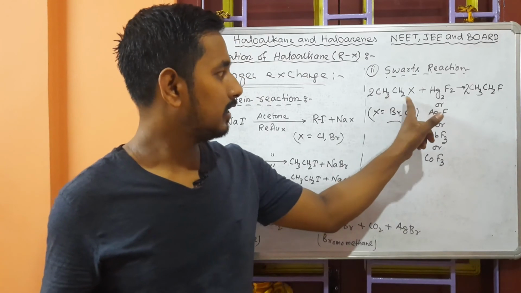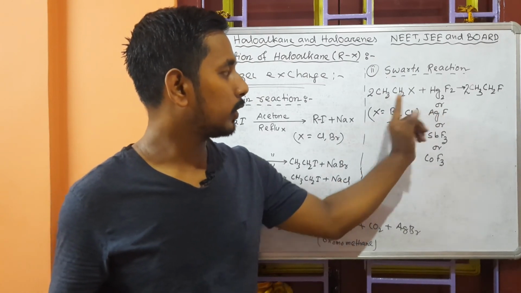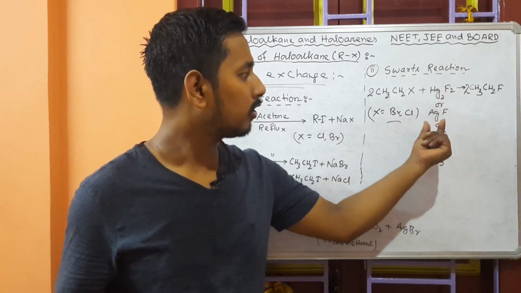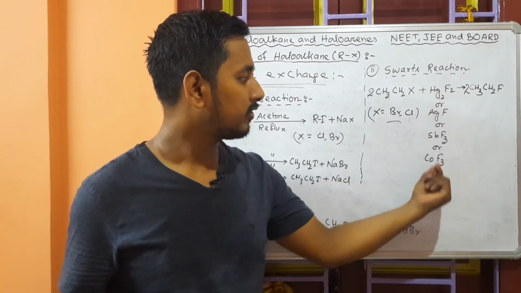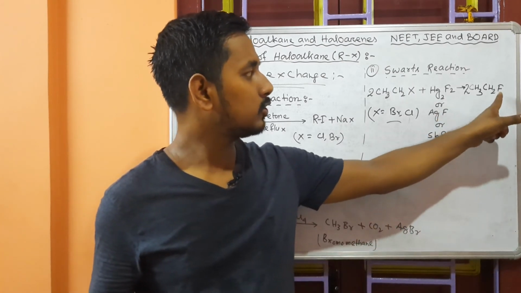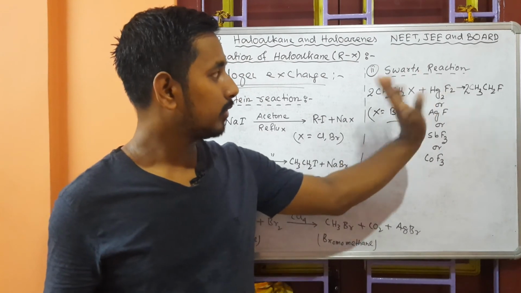CH3CH2X, where X is bromine and chlorine, will react with mercurous fluoride or silver fluoride or antimony trifluoride or cobalt fluoride, then you get CH3CH2F. Okay, this is nothing but the Swarts reaction.